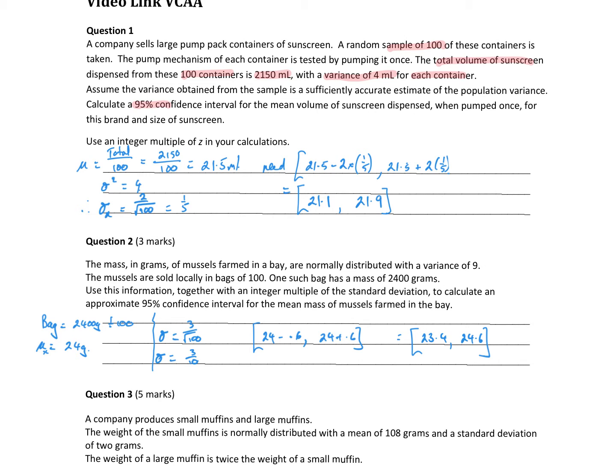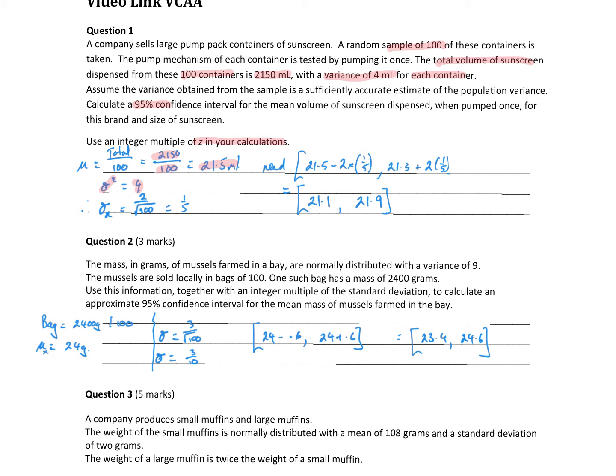Calculate a 95% confidence interval. So to get our confidence interval for 95%, use an integer multiple of z. So we're going to use plus or minus 2 standard deviations. So we need a mean and a standard deviation. The total that we dispensed was 2150 over 100 pumps, so the average per pump was 21.5 mils. My variance was 4, and we've got a sample of 100.